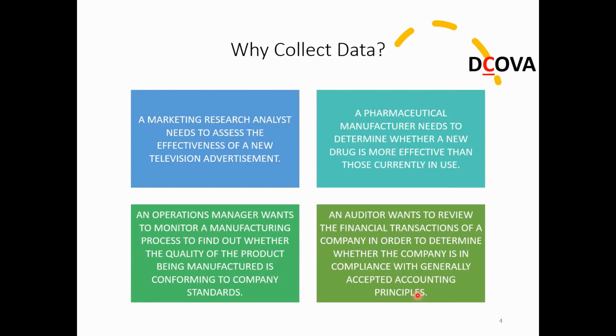The company's name is Wirecard, and now they're saying this financial fraud is very similar to what happened in the year 2000 with Enron. So auditors need a lot of data with regards to the financial transactions of a company and to check whether it is in line with accounting principles. So you see, different professionals need data for different reasons. That is why you collect data.